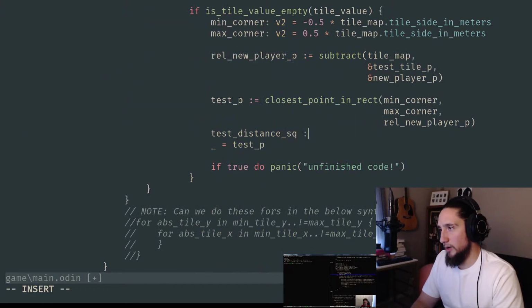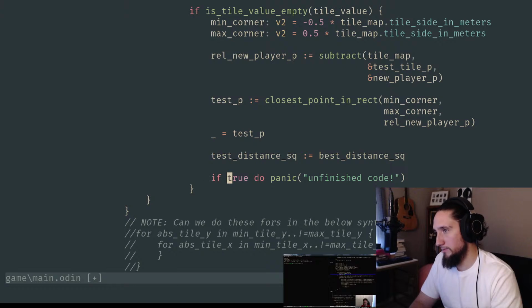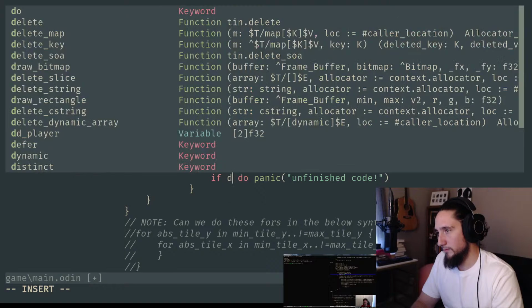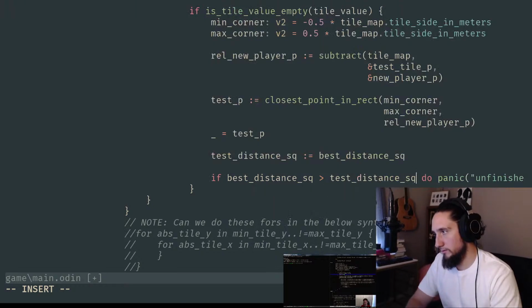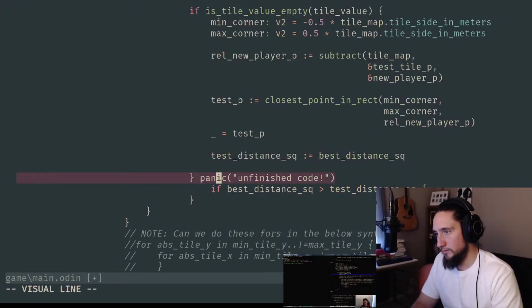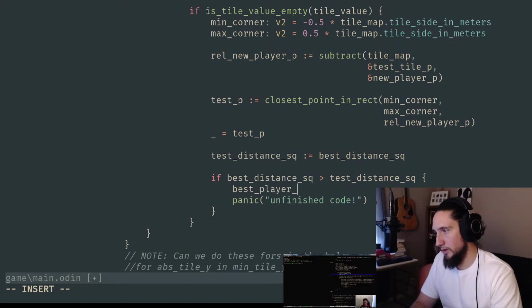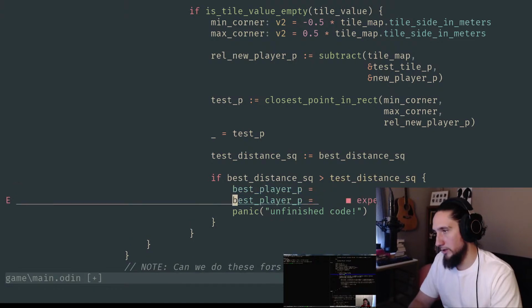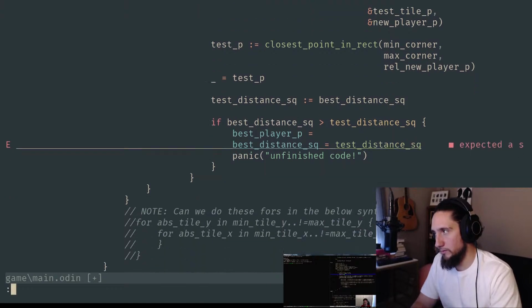if test distance squared, I'll just assign it to best distance squared for now, and then we'll leave that, and we'll say if best distance squared greater than test distance squared, and then we're going to assign the new best player position to be whatever, and same thing for, well, this is just going to be the new test distance squared will be the new best distance squared, I assume.